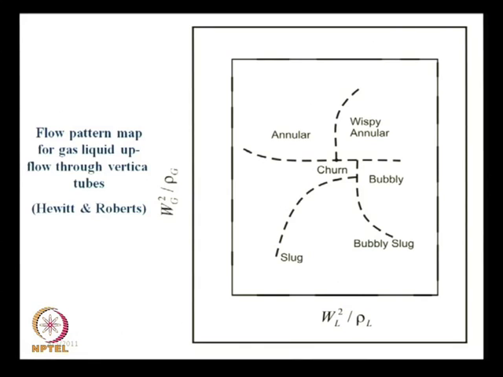Now, the other important thing is, well, you know what are the different flow patterns which are occurring, but under a particular circumstance, say for one particular liquid velocity, one particular gas velocity, one particular pipe diameter, one particular pipe inclination, which is the flow pattern which is going to exist.